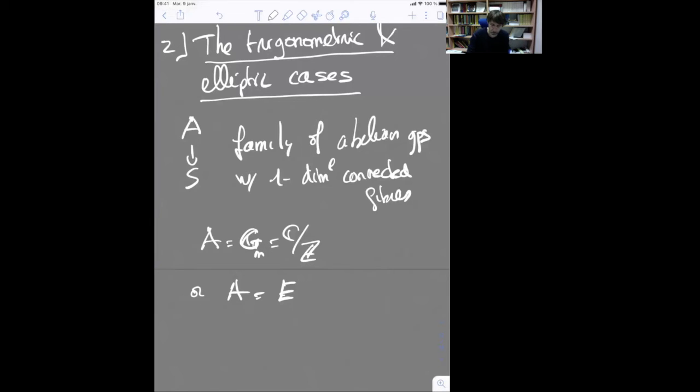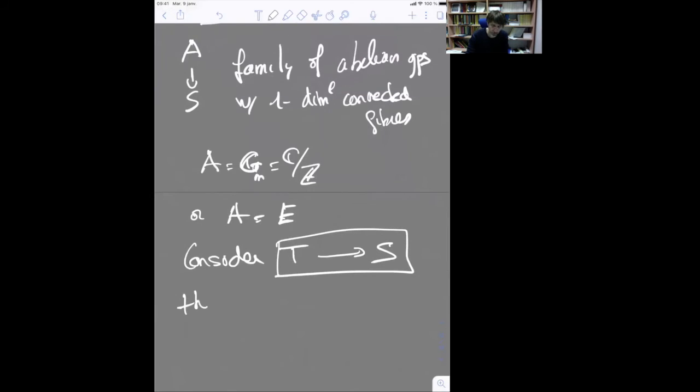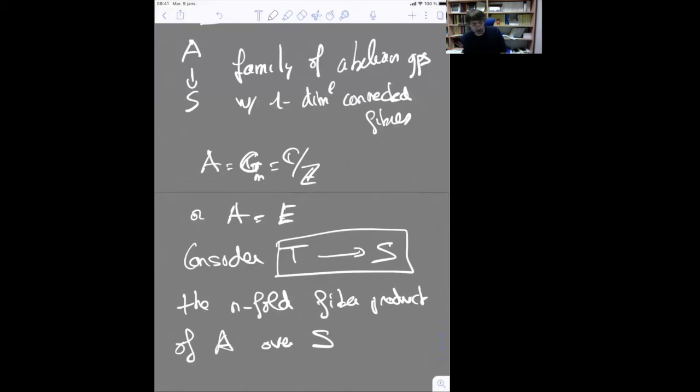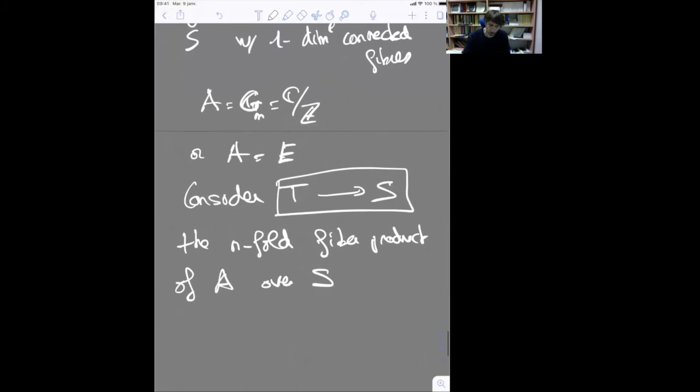So what you do is you consider T over S, the n-fold fiber product of A over S. Then you can consider a group G, but not GL_N(C), of course.